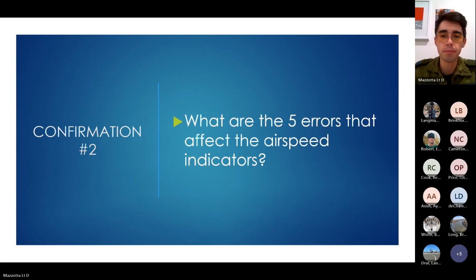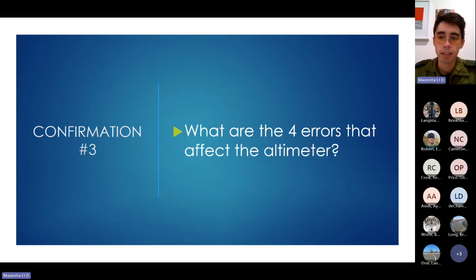Good. Density is another one. Good. Ice, yep. Not quite mountain air. Water position, you're right. Water moisture is the one you'd be looking for, but that's still correct.